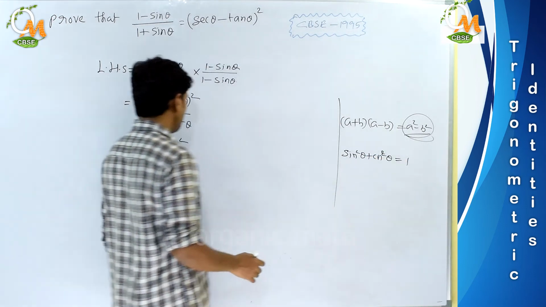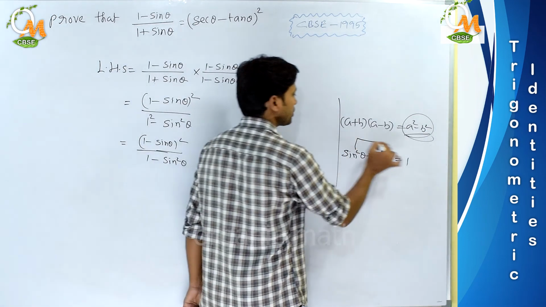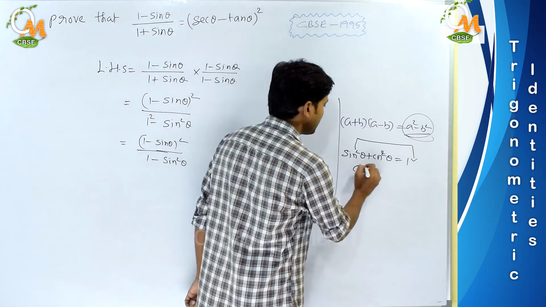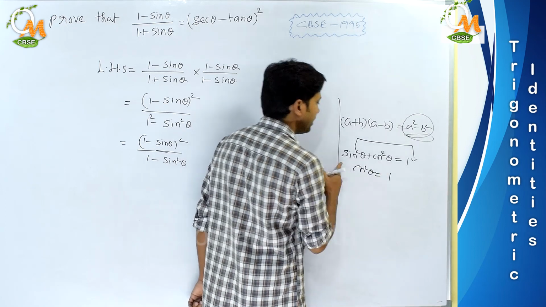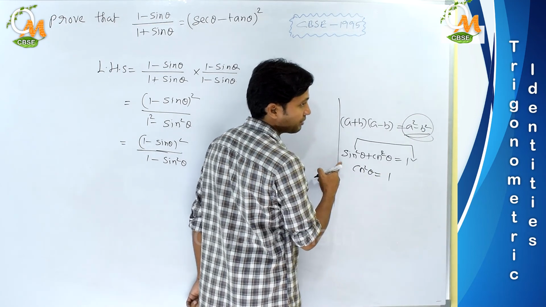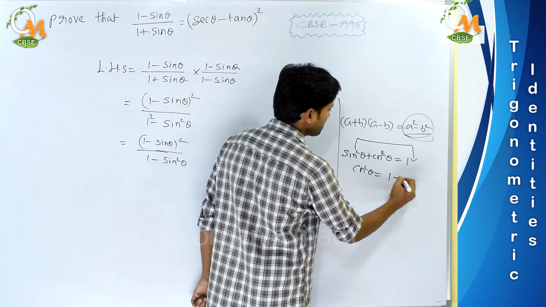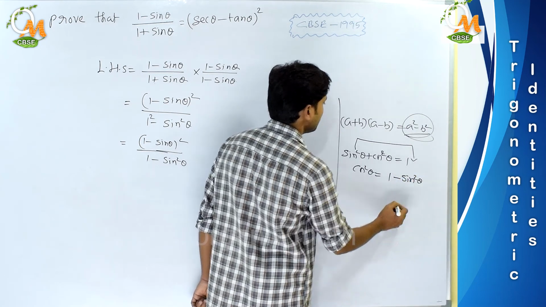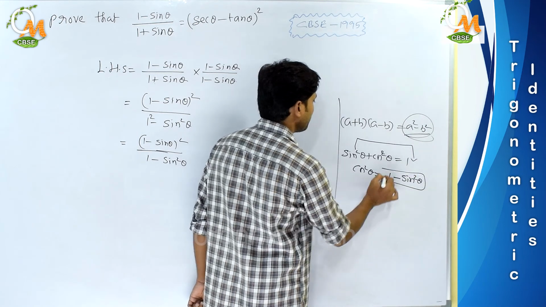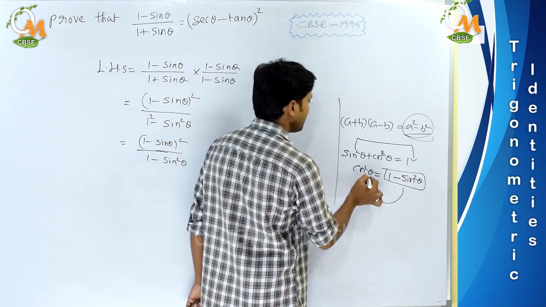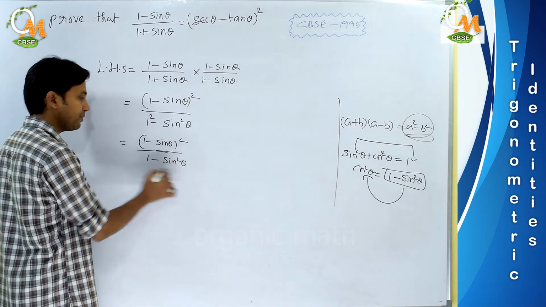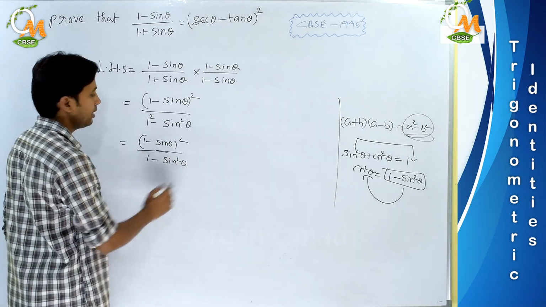From this, if you send sin square theta to the other side of the equation, then cos square theta would be 1 minus sin square theta, since the positive sign becomes minus. So wherever you get 1 minus sin square theta, you can replace it with cos square theta. Yes, so here also replace it with cos square theta.